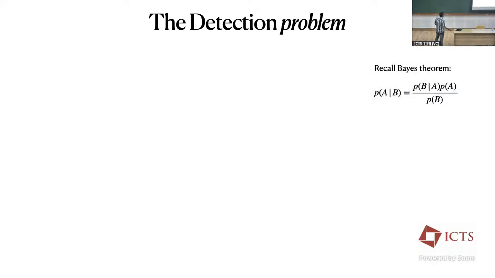So let's formally define what the problem is, and people are familiar with the Bayes theorem. Should I explain it, the conditional probability and all? You can raise your hand if you want, I can explain it. It's fine? Okay.